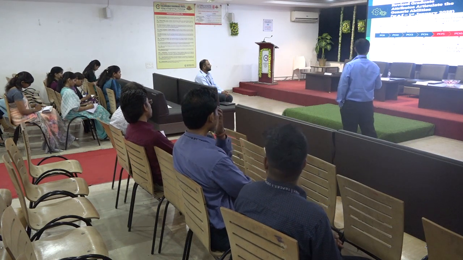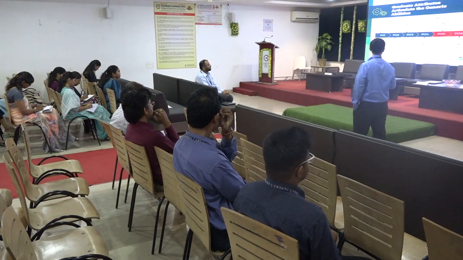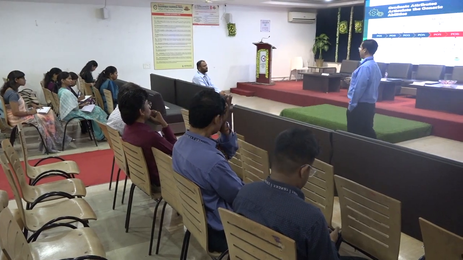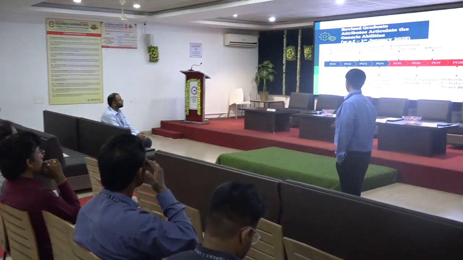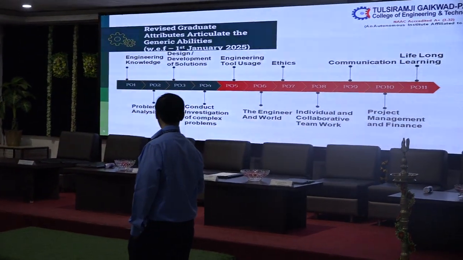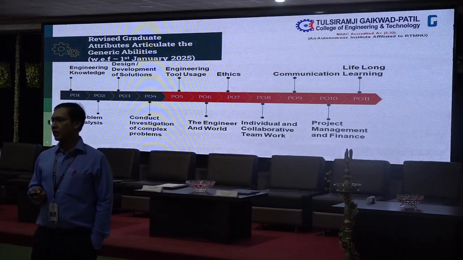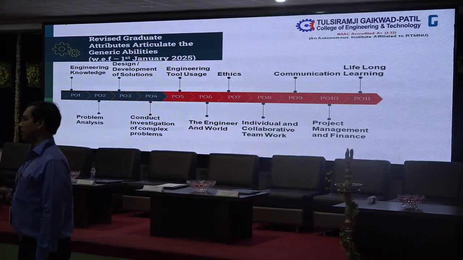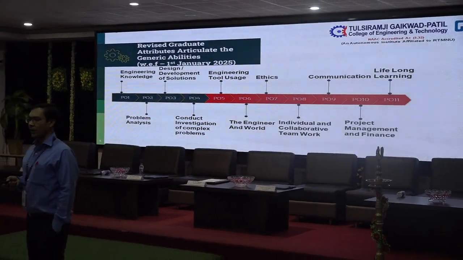Then PO7 is ethics. Previously PO7 was environment and sustainability, and ethics was PO8. So they have shifted ethics to PO7. Then PO8 is individual and collaborative teamwork. Previously this was PO number 9, individual and teamwork.